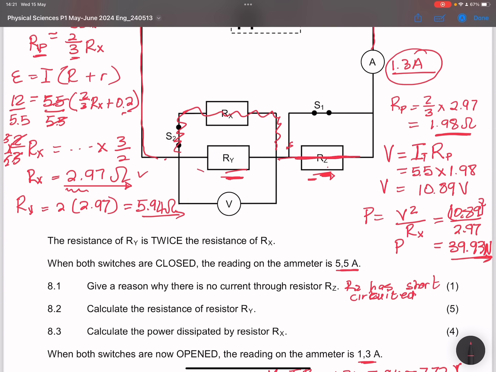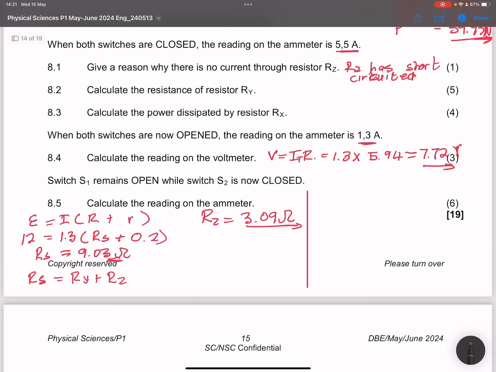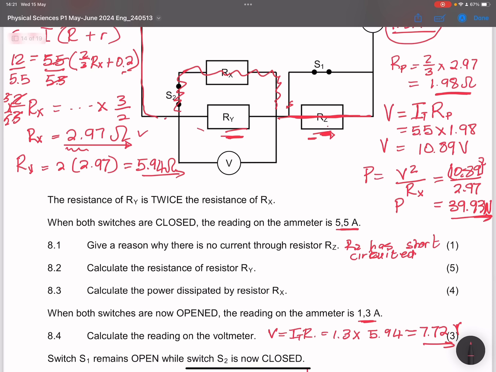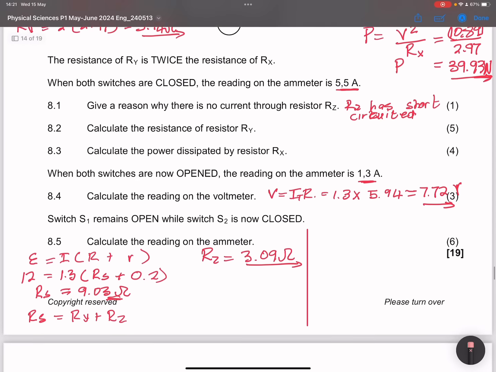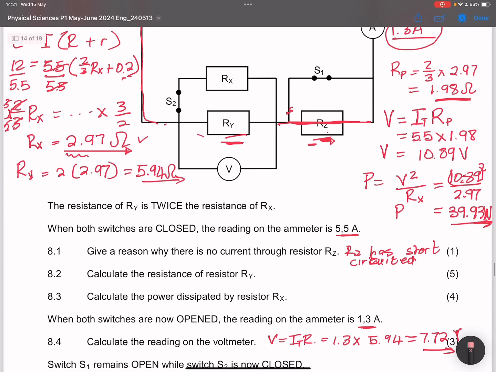That's why we wanted to find out Rz. But S2 is now closed. So once we close S2, we have our parallel resistors back. So let's find out what R external will be, which would be a combination of that parallel combination.